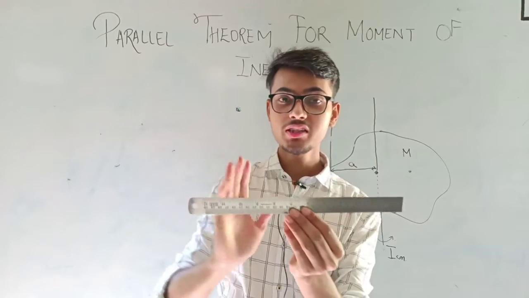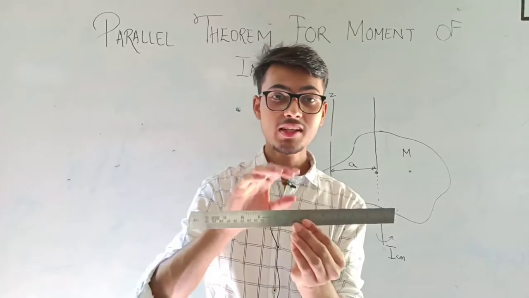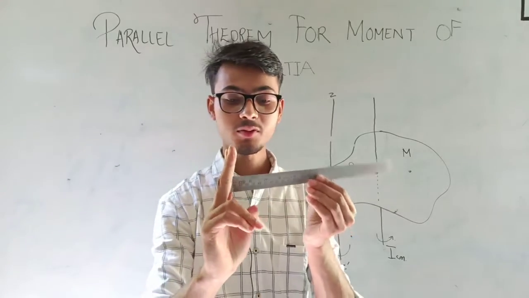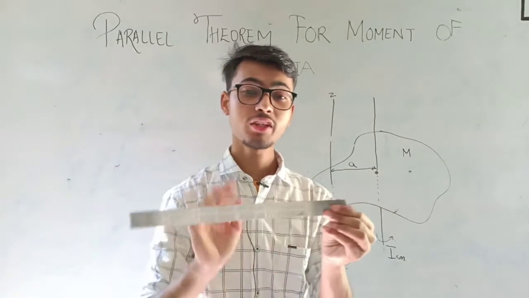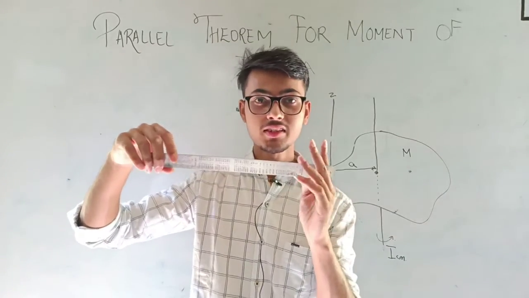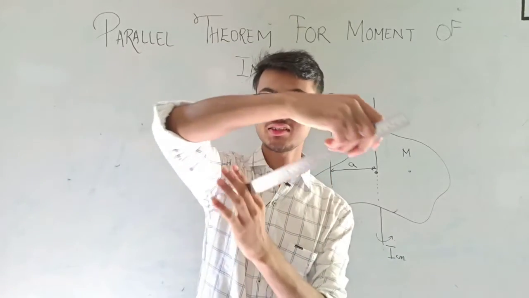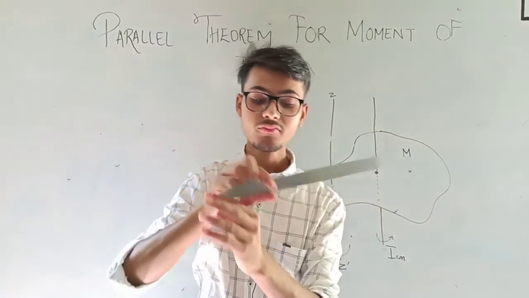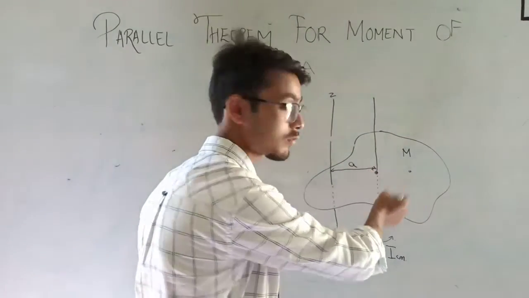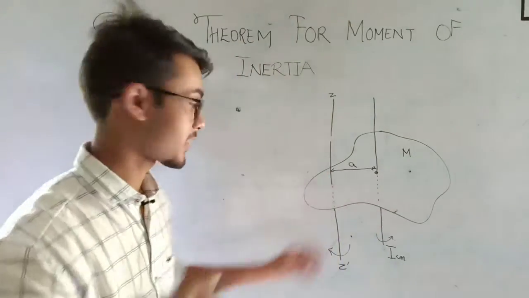The whole body is rotating and it gives an additional moment of inertia. Now when I rotate this about this axis, it gives two types of rotation. First this is on the right, and when I rotate it, it comes to the left. So the whole mass of the body is rotating about this axis.